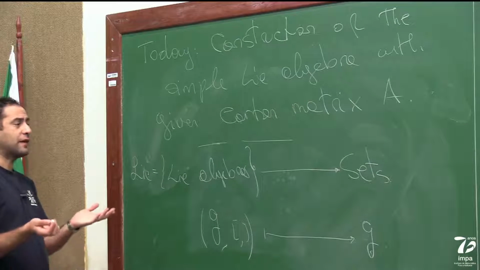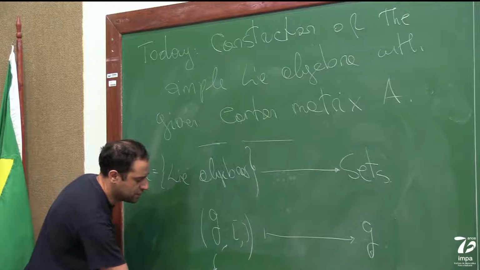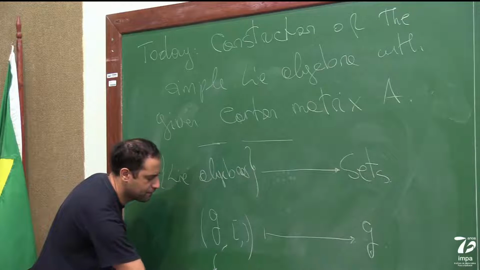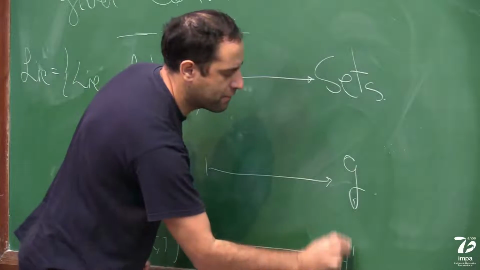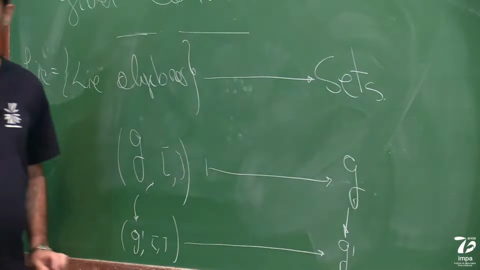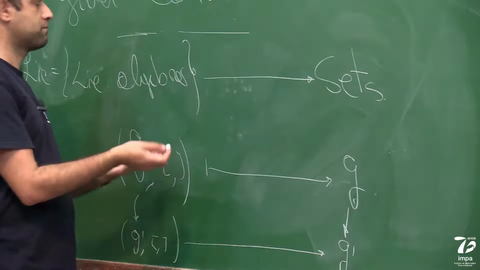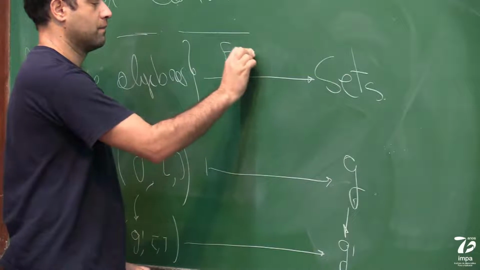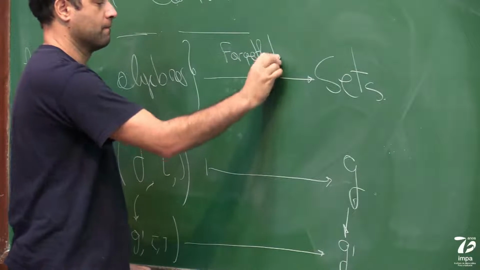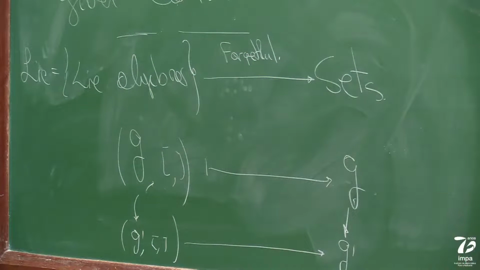And this thing is a nice functor because if you give me a morphism from G to G prime, then you get a map of sets from G to G prime, and this is compatible with compositions and everything. So let me call this functor the forgetful functor. It just forgets the bracket and the linear structure. It just remembers the set G.